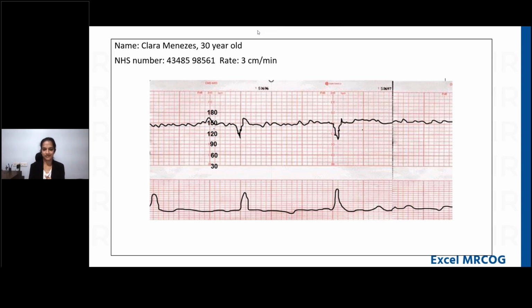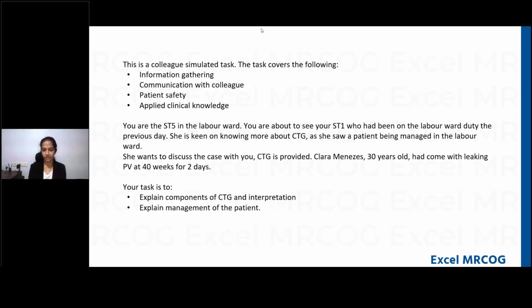But see, the dictum in the MRCOG Part 3 exam is that you need to read the question carefully. You need to know what domains are being assessed. And basically, you need to understand the situation that is in question. So here it is told to you that you are seeing your ST1 who was posted on the labor ward, and she has seen some patient the previous day.